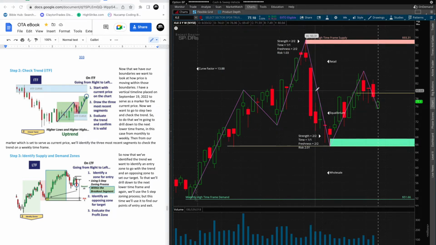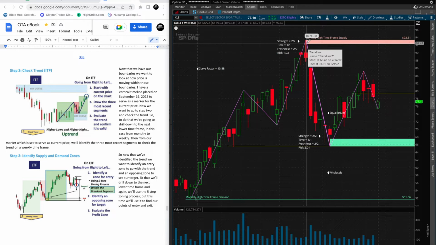Then price broke below the controlling swing low in the uptrend, which means that the uptrend is now discontinued. And then we have price coming back up. Doesn't get past the previous high. We have price coming back down, but it doesn't get past the previous low. So just looking at the 3 most recent segments, we can see that we are currently in a sideways trend.